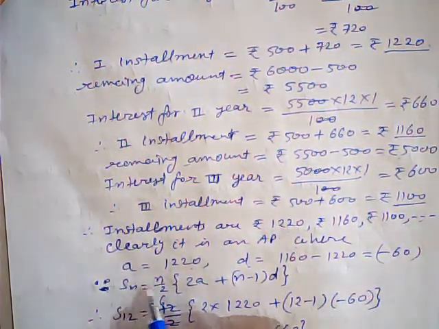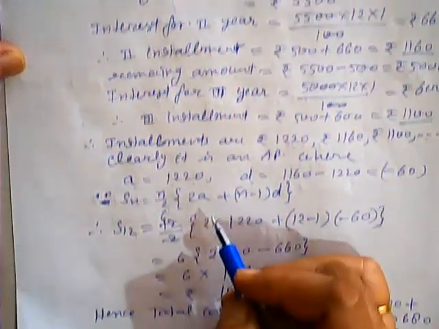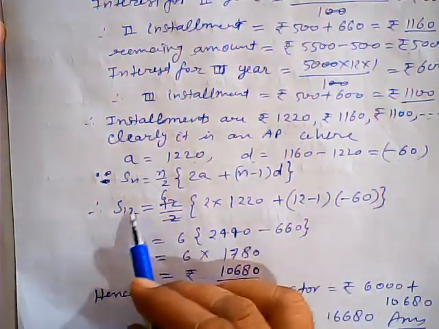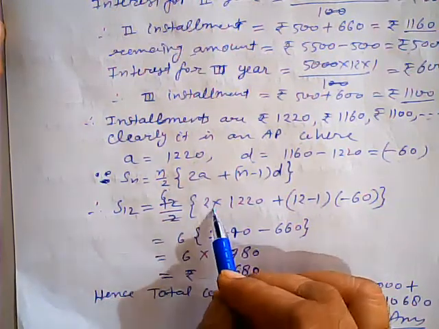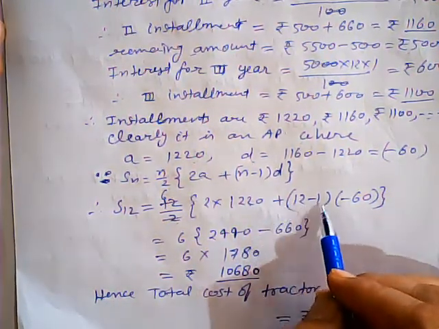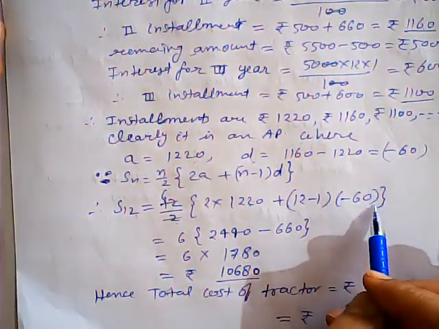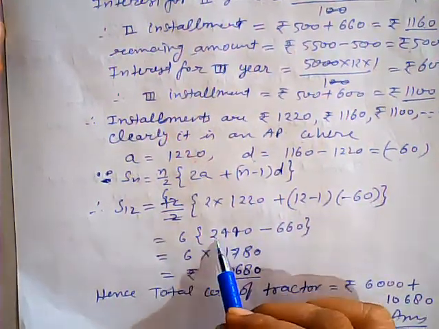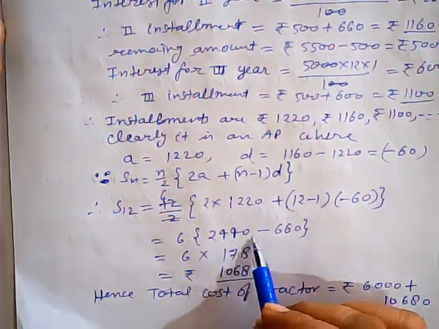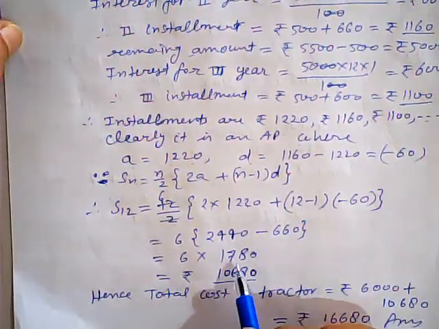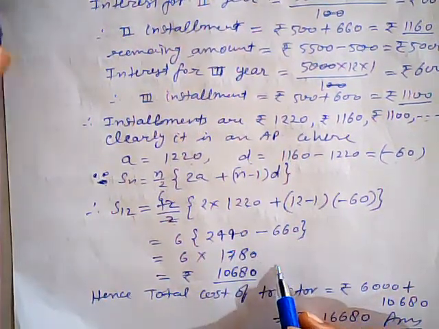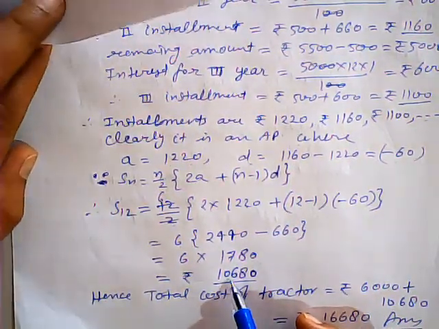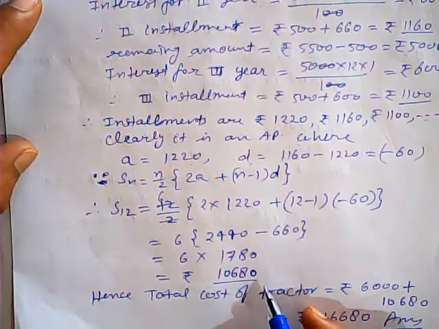Since Sn equal to n upon 2, 2a plus n minus 1 into d, so S12 equal to 12 upon 2, 2 into a plus 12 minus 1 into d, value of d is minus 60. 6 into, this is 2440 minus 660, 6 into 1780. So now it is rupees 10,680.